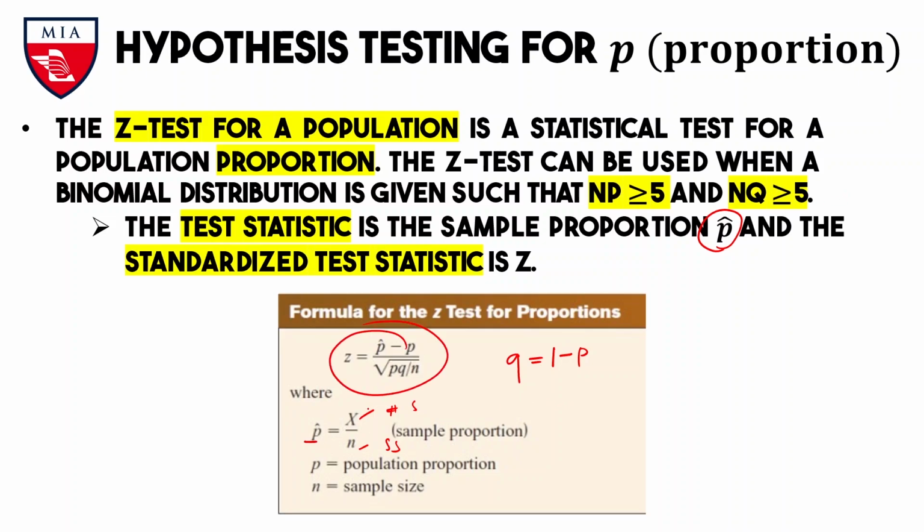P hat is equal to X over N, the number of successes over the sample size, P is the population proportion, and N is our sample size. The population proportion can be a percentage, fraction, or decimal.